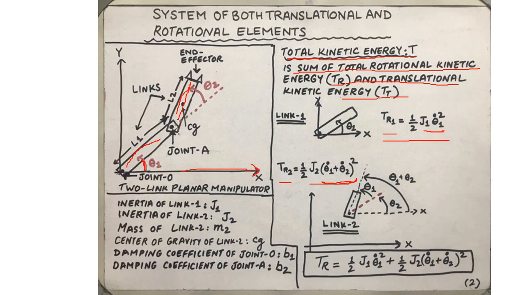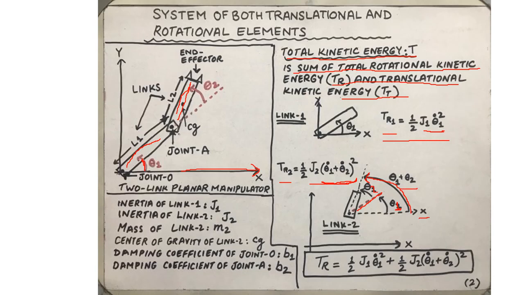In this case, we know that link 2 makes an angle θ2 with respect to link 1, and link 1 makes an angle θ1 with respect to the x-axis. These two angles add up to give the total angular displacement of link 2 with respect to the x-axis.